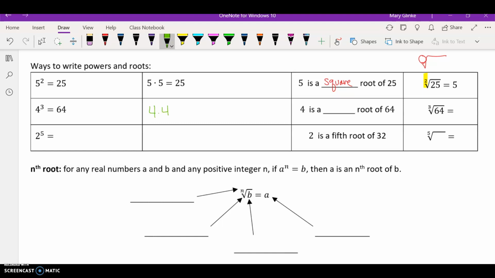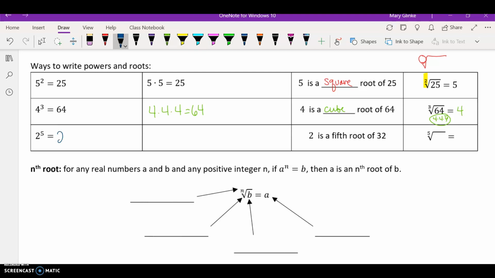That means 1, 2, 3. If I multiply 4 times 4 times 4, I get 64 back out. So in order to undo that, because 4 cubed is 64, we can take the cube root of 64, and there's now a group of 3 4s giving us 4 back out.